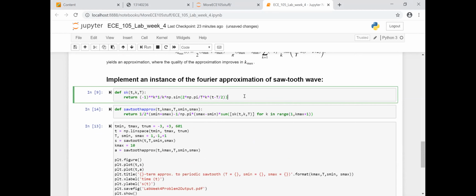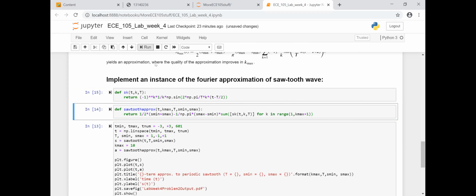Times n theta sine the 2 pi and hold on. 2 times pi over t times k. Okay, that looks fine to me. Next, then this one. I'm just taking a look at that. Half times S min. Yeah, that looks fine to me. Let's go and run this and see what we get. Wait, run it again. Yeah, run it again.